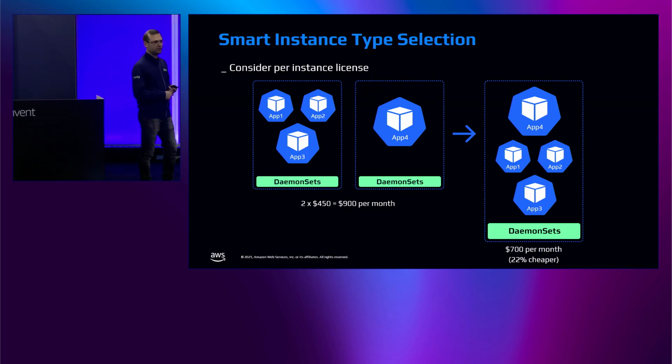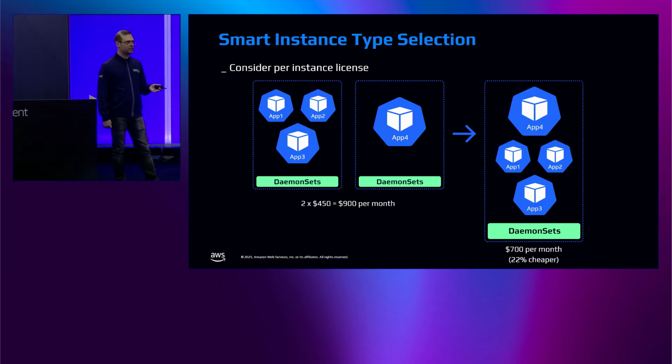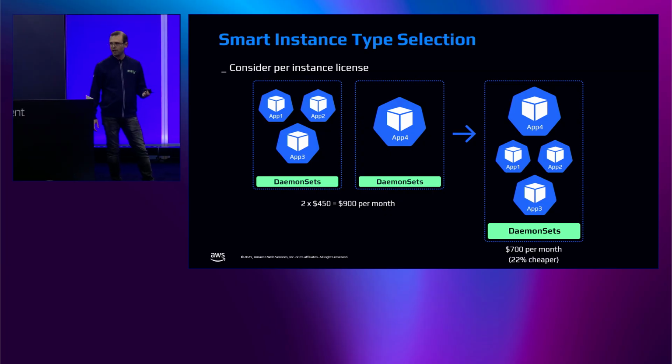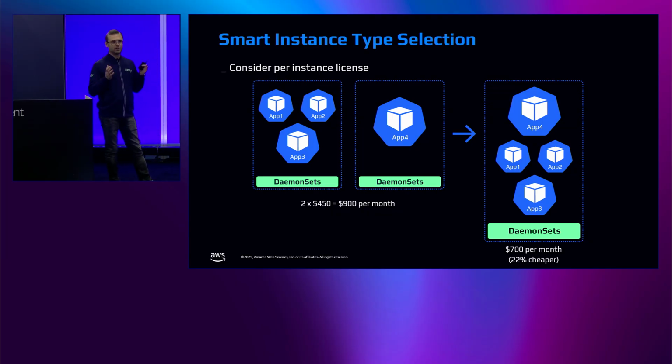Another factor that is constantly overlooked is daemon sets. Basically, those are containers that run system services like monitoring, logging, and telemetry, and all of the system stuff, and run on each node. So when we have larger nodes, we have a small overhead of daemon sets.